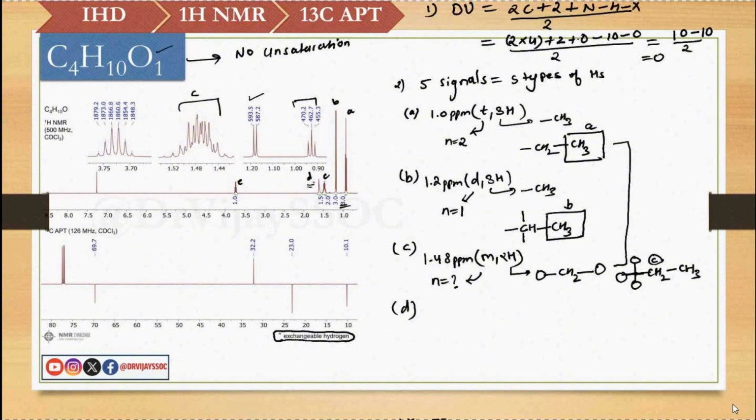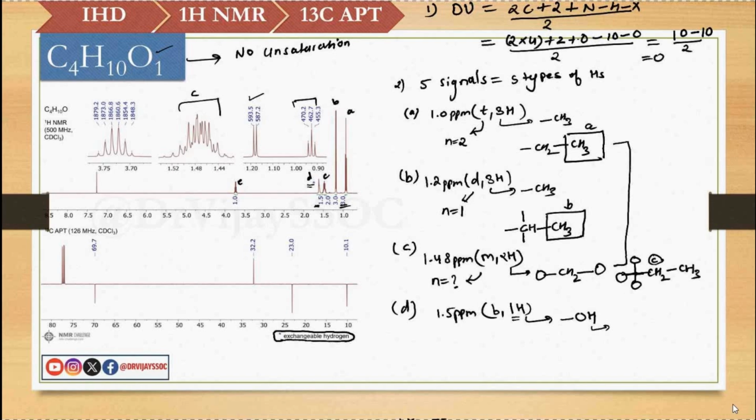So probably this signal, which is around 1.5 ppm, is a broad signal, and the integration value is 1.5, so you can round off to one hydrogen, and it indicates that this could be OH. And there is no splitting because this is exchangeable, moving from one molecule to another molecule, therefore it is not showing any splitting pattern. So the compound has one hydroxy group.